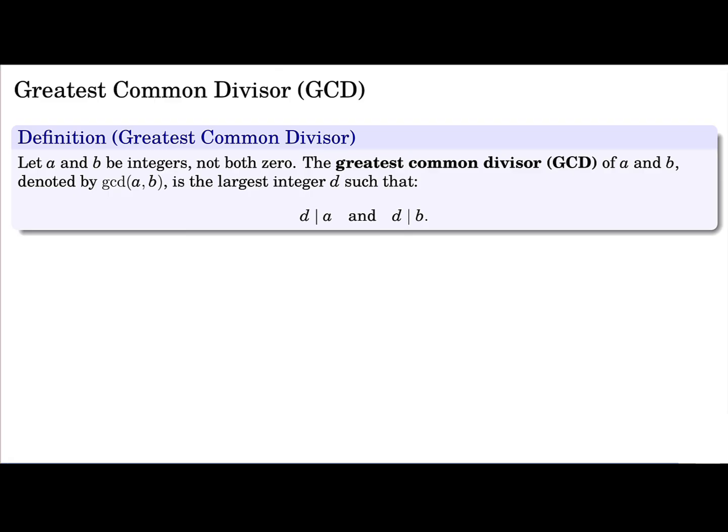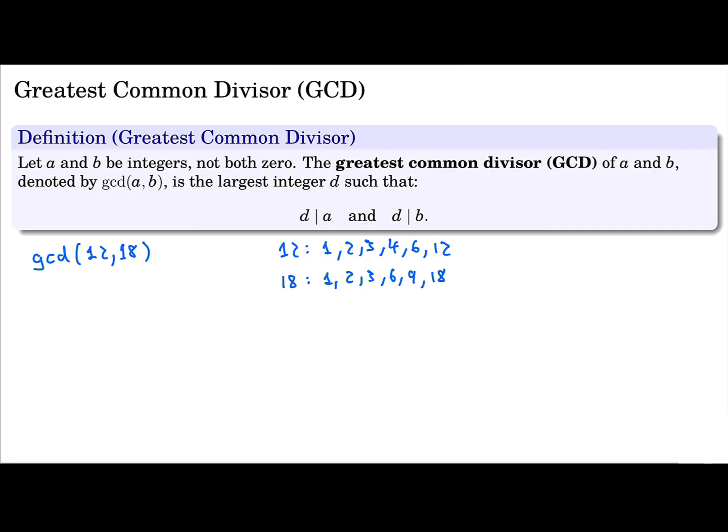So for example, what is the GCD of 12 and 18? We can look at the divisors of 12. 12 has the divisors 1, 2, 3, 4, 6, and 12. 18 has the divisors 1, 2, 3, 6, 9, and 18.